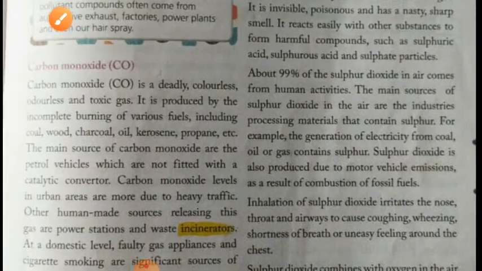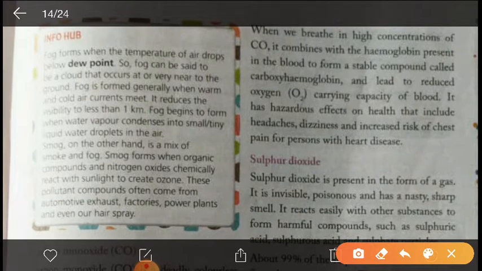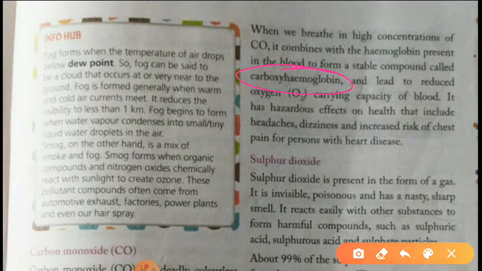As you can see here, it forms carboxyhemoglobin. And when this carboxyhemoglobin is formed, it leads to a reduced oxygen carrying capacity in the blood, because of the inhalation of an excessive amount, or high concentration, of carbon monoxide.